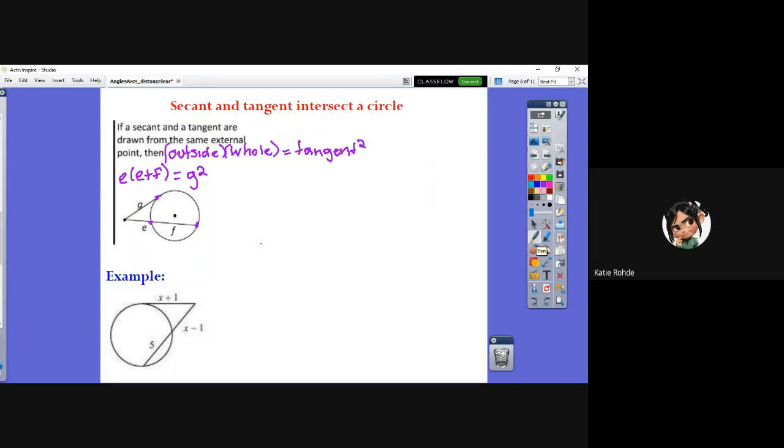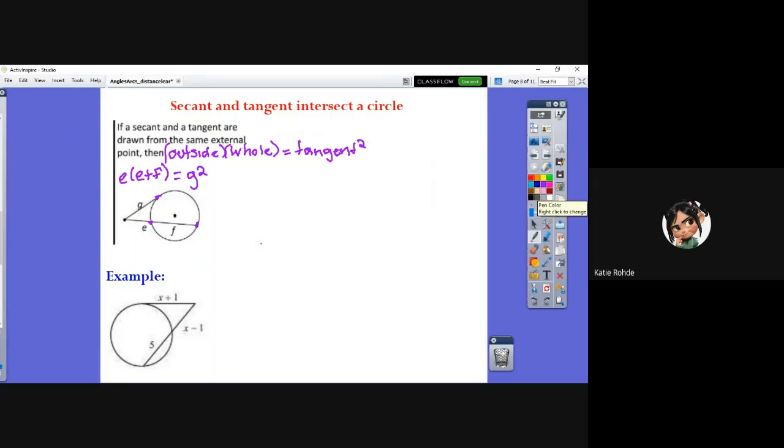So again, if you want to pause your video and try this one again, at least try to set it up by yourself, and then you can come back if you need help with the math part. But set it up, do your best, try it out, and then come back and replay the video to see how I do and see if you got the same thing I did.